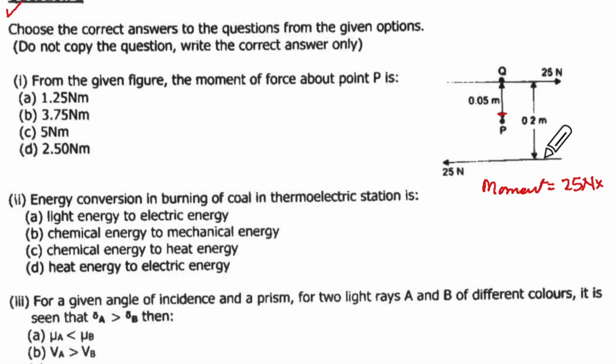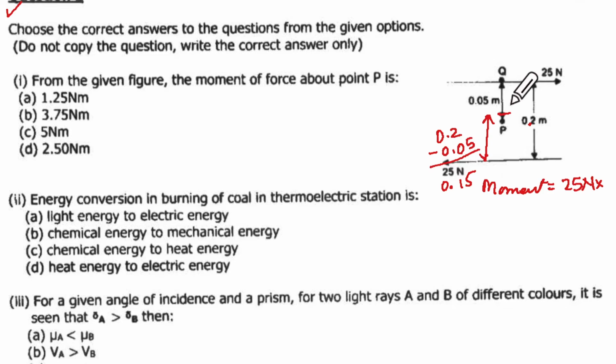This is 0.2 meter, right? Even if you say that this is 0.2 minus 0.05, how much will it be? 0.15, correct? Are you understanding this part?